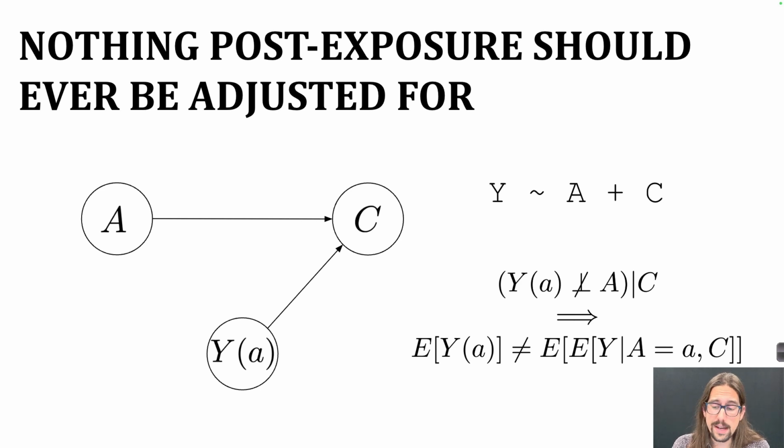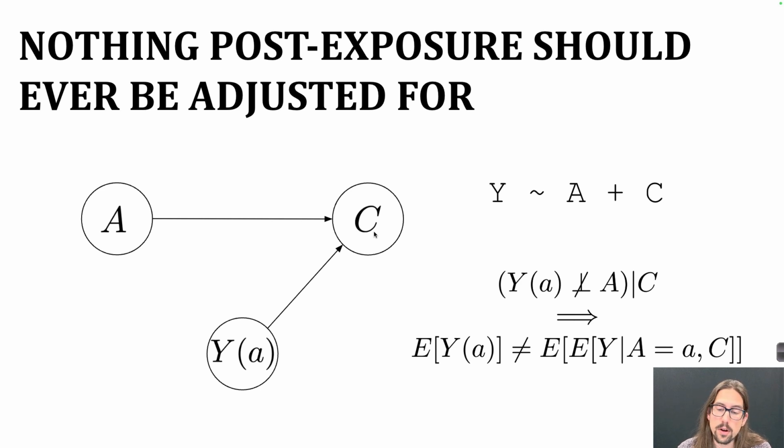One easy case is if a variable is post-exposure, you should not include it, okay? Here is a simple case where you have what's called a collider between the exposure and the potential outcomes.